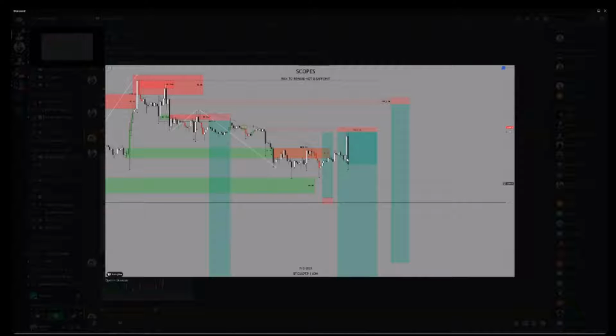Well, it's not a tiny wick, but it wicked me out. And then look what's happened. Just my luck. But this again is key levels combined with the POI strategy. So I've got the key levels and I've got the POI strat as well. Just showing you how it works, and it's pretty solid, really, to be fair.